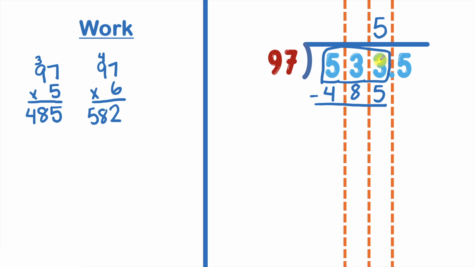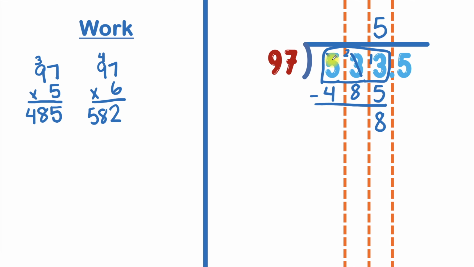We can't do 3 minus 5, so we'll have to borrow from this 3. That'll become a 2, and this 3 will become 13. 13 minus 5 gives us 8. And we can't do 2 minus 8, so we're going to have to borrow again.